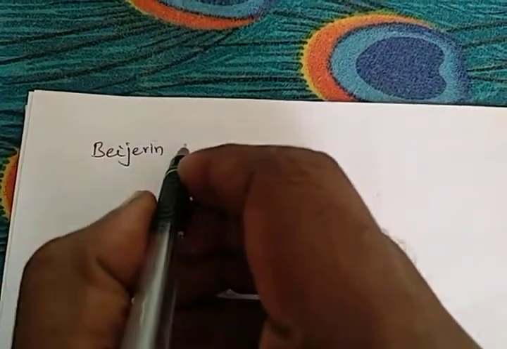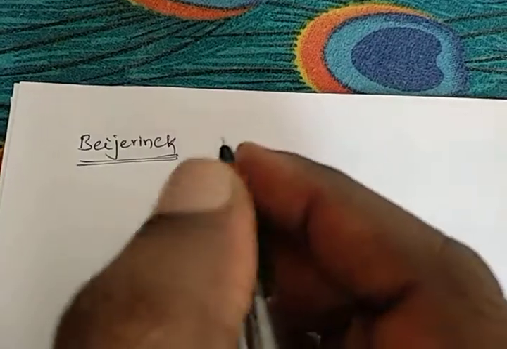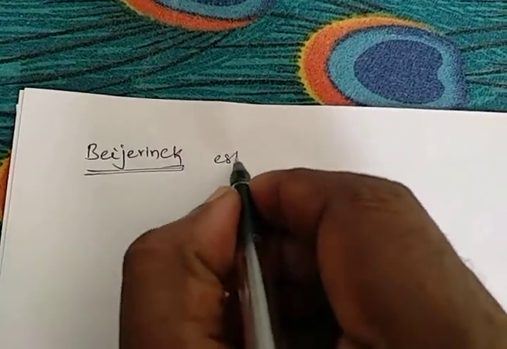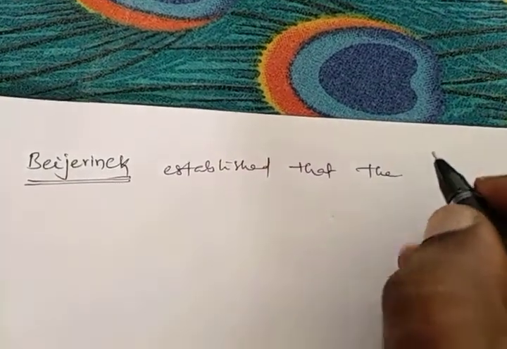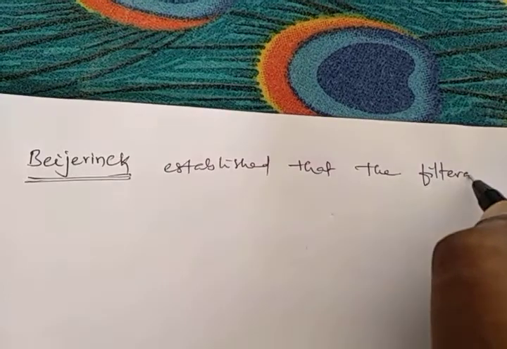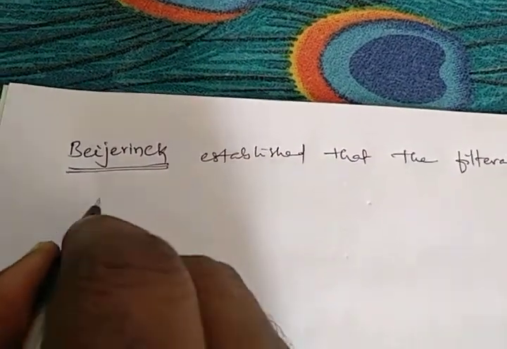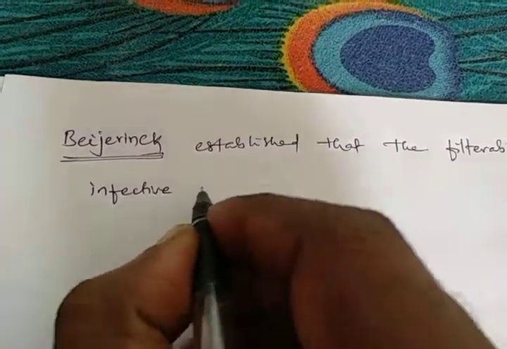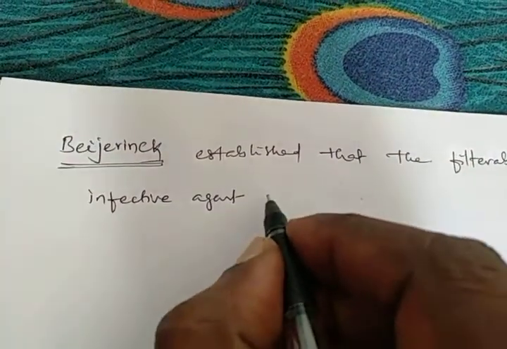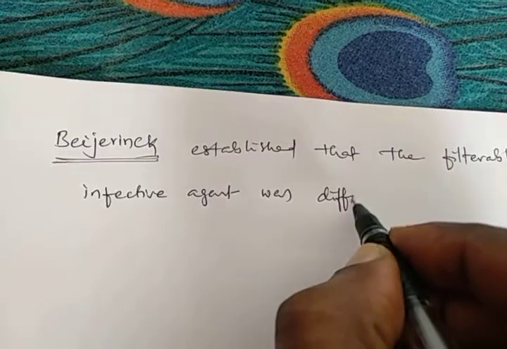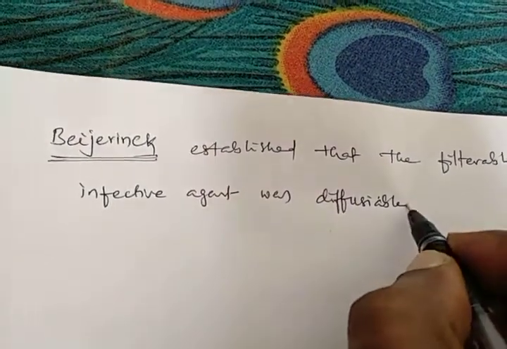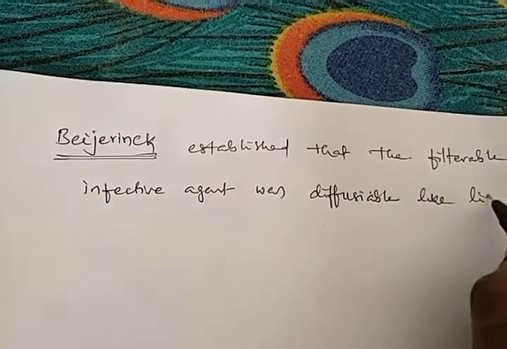Next scientist is Beijerinck. He established that the filterable infective agent was diffusible like a liquid.